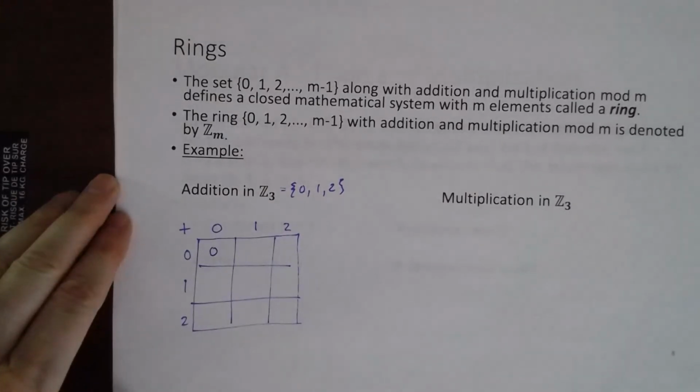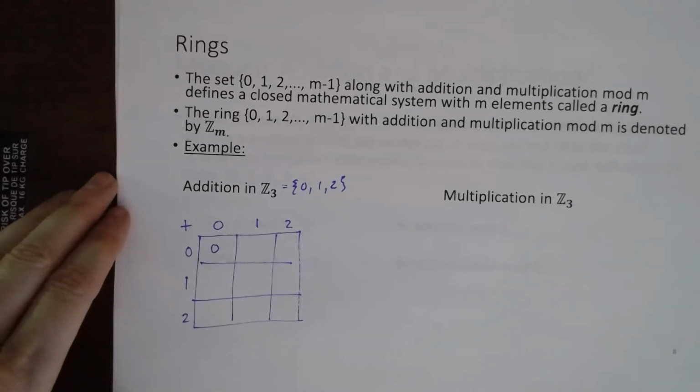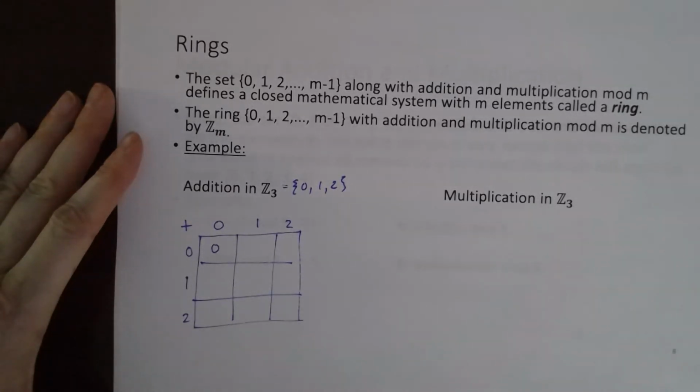Okay, 0 plus 1 mod 3. 0 plus 1 is 1. 1 mod 3 is, what's the remainder that you get when you take 1 and divide it by 3? How many times does 3 go into 1? 0 times, and then a remainder of 1.